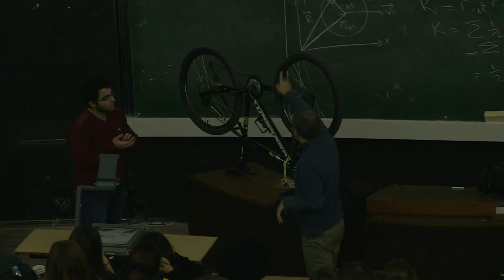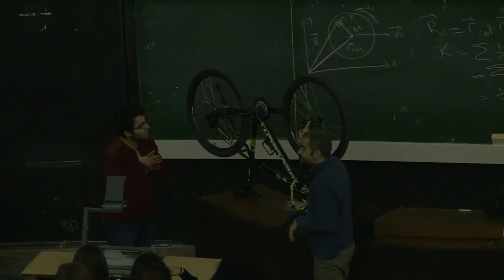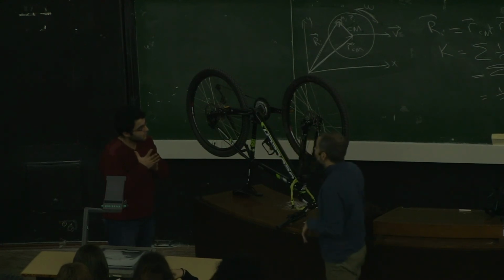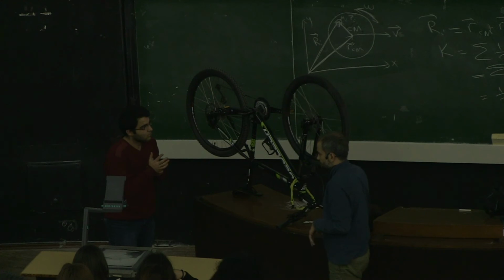If you take any point on my rigid body that is not at the center, not on the axis, it has some linear velocity. Now, if it's rotating like this, the points over here have linear velocity in that direction, and the points over here have linear velocity in this direction.